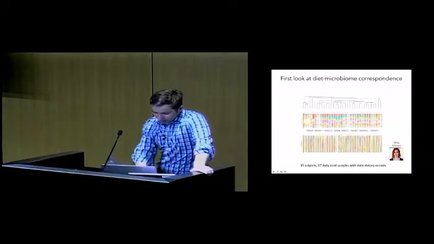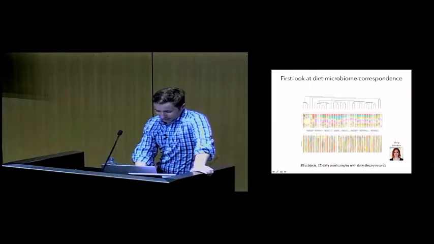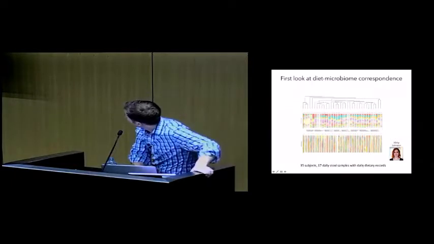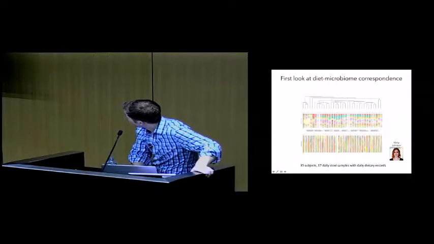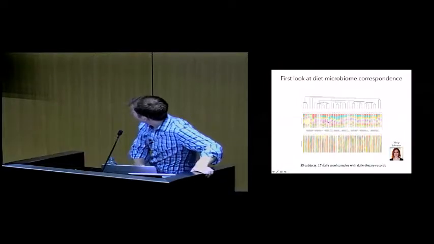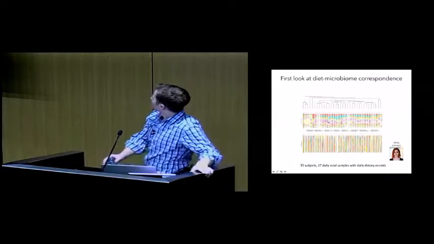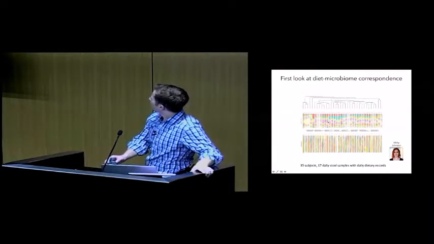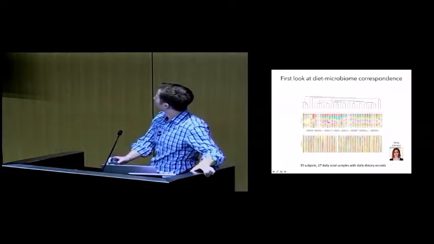So what you're seeing here in the top row is the microbiome, and every column, every group here, is all the samples from one person. If you squint at it, what can you tell about people's microbiomes?